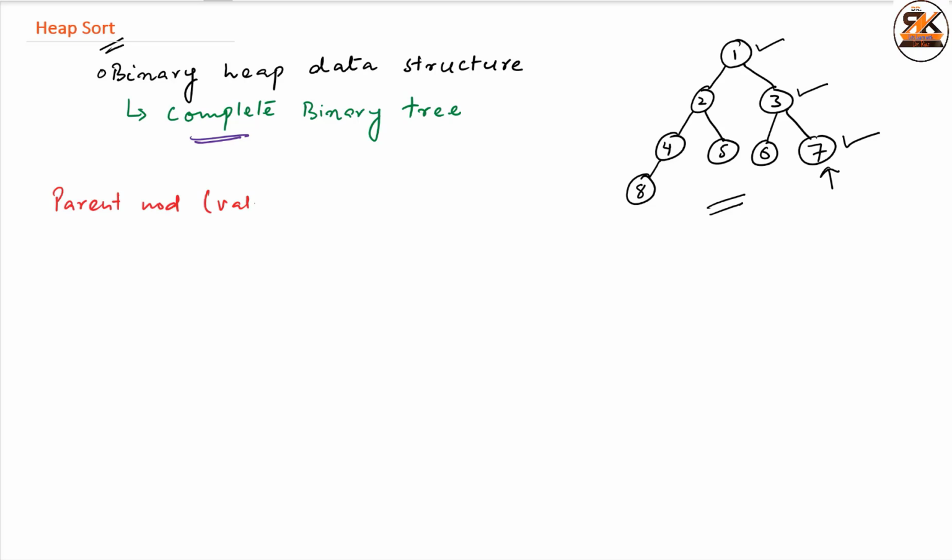The value of this parent node can either be greater or less than its children nodes. When the parent node has a value greater than its children nodes, it is called a max heap. And if the value of the parent node is less than its children nodes, it is called a min heap. Okay, and the heap can be represented as a binary tree or an array.